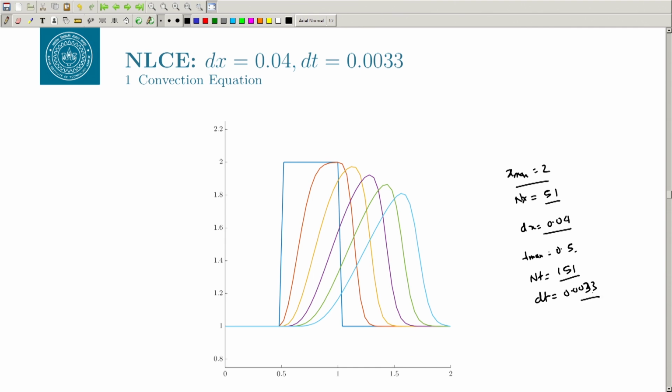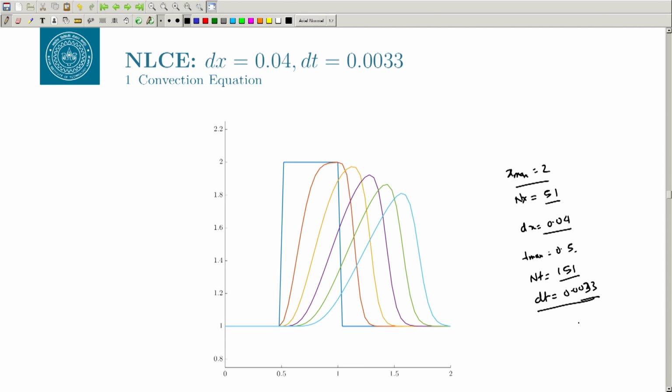As I told you, you cannot determine the CFL number a priori, but still you have to obey the condition that the CFL number should be less than 1. Basically, we are not jumping over the grids. In this particular case our delta t is sufficiently small.